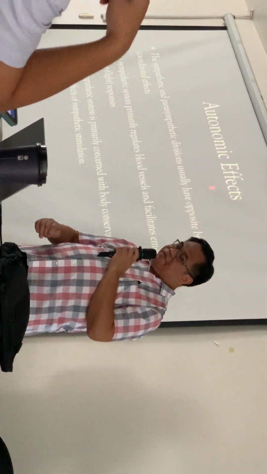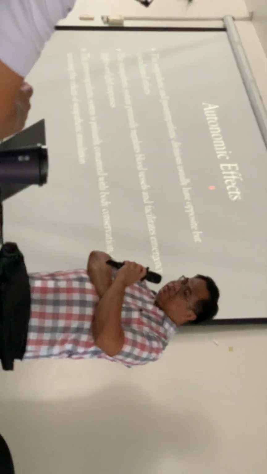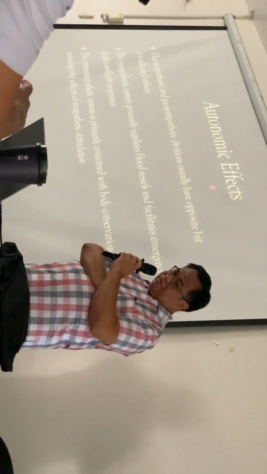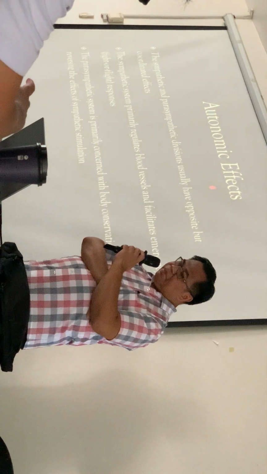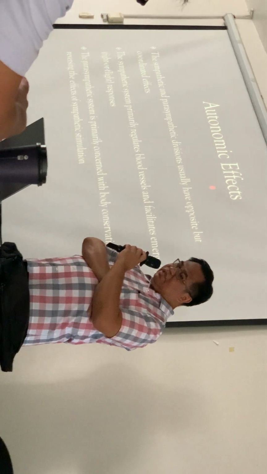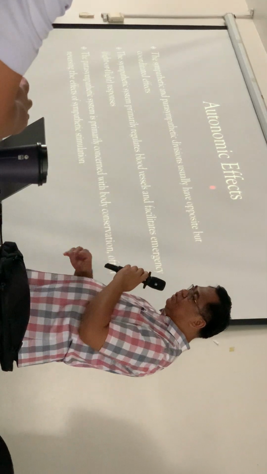So, autonomic effects. The sympathetic and parasympathetic divisions usually have opposite but coordinated effects. The sympathetic system primarily regulates blood vessels and facilitates emergency responses, the fight or flight response.